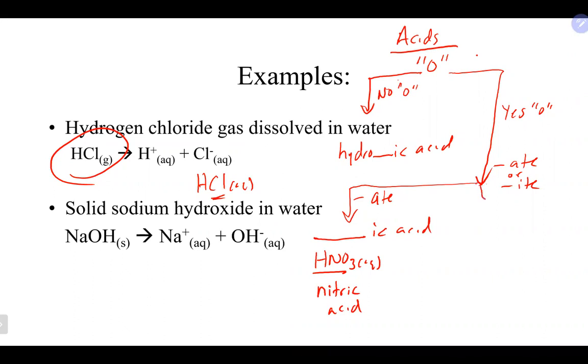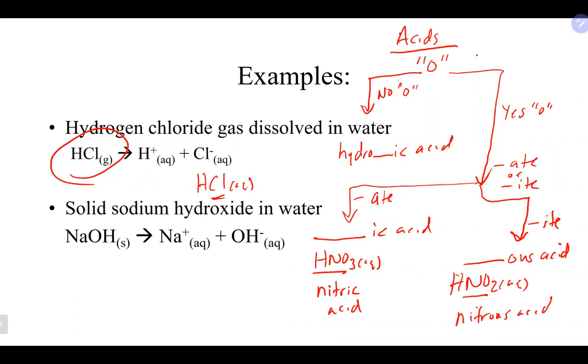If our polyatomic ion ends in ite, it will be something-ous acid. And again, here, if we just take our guy that's related to this guy, HNO2, NO2 is nitrite. So this would be nitrous acid.